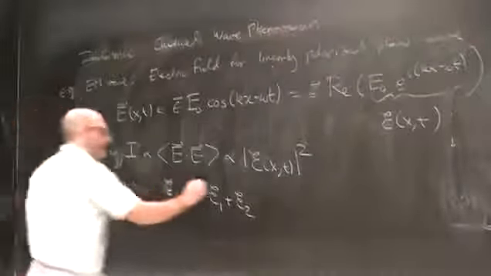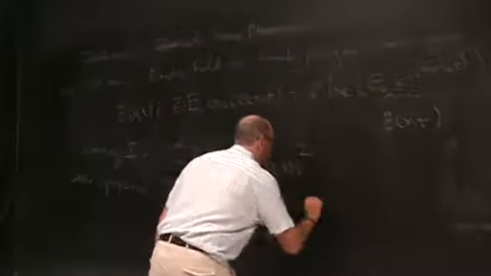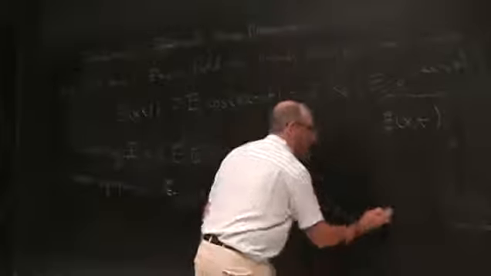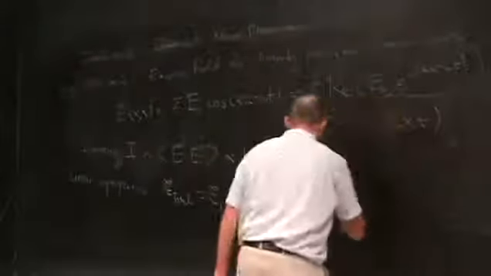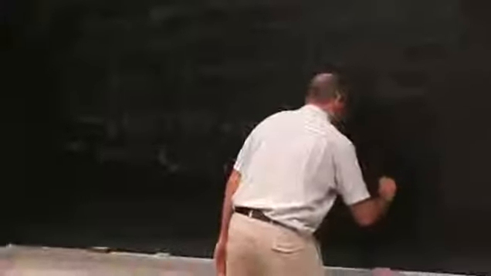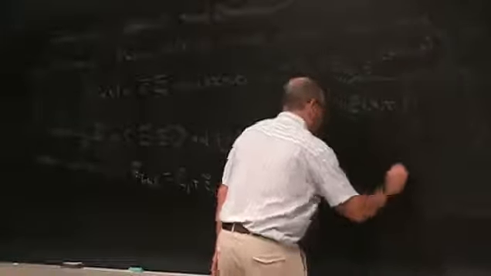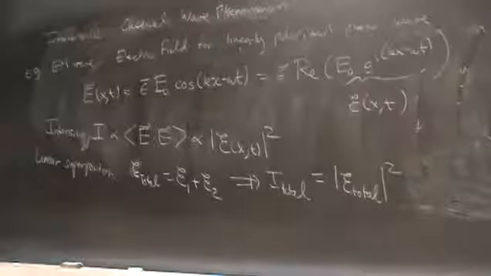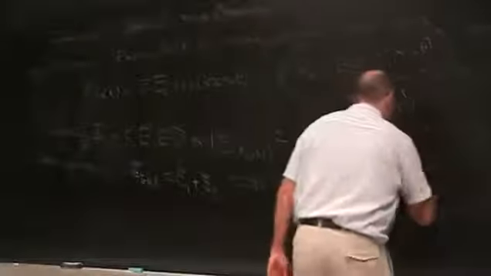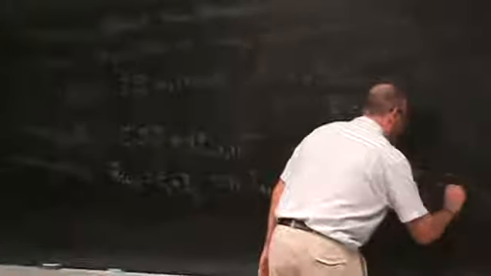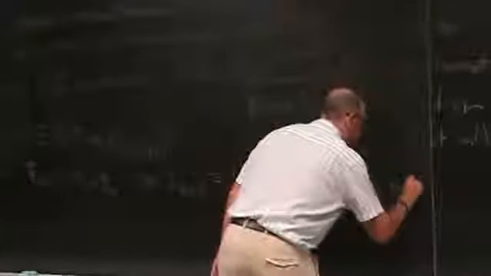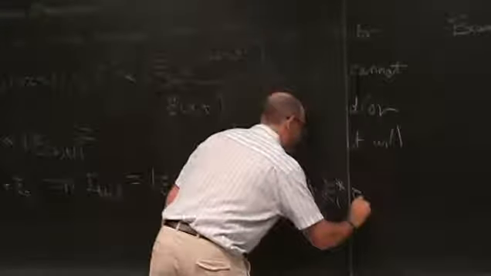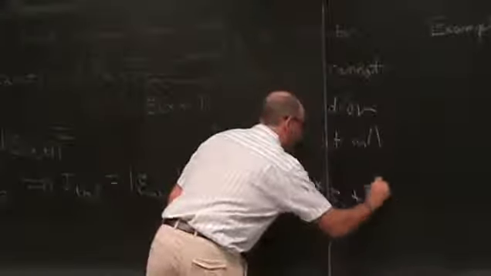And then the total intensity is the total electric field amplitude squared, which of course is the sum of the intensities, and then interference terms coming from the interference of those waves.